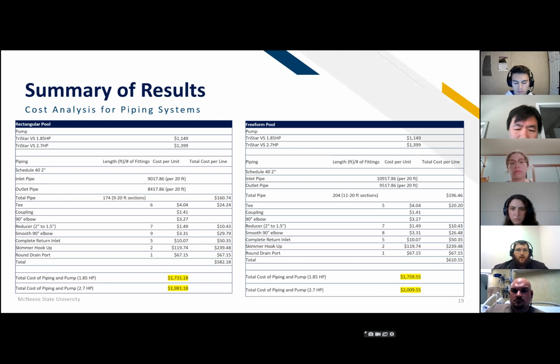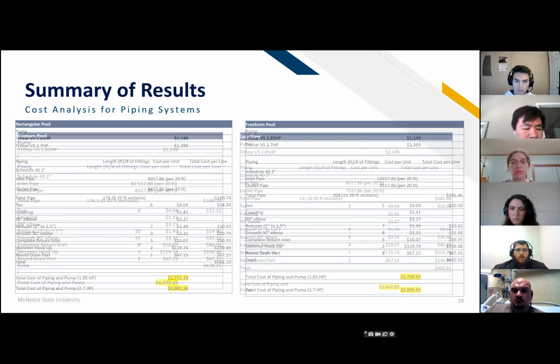And that is shown on the left. And on the right is the free-form pool, where using a 1.85 horsepower pump would roughly cost $1,760. And using the larger pump of 2.7 horsepower would be roughly $2,010.